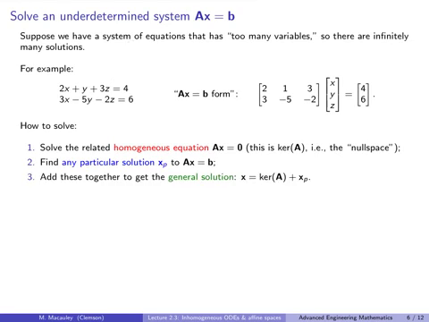Once you have these two things, both the null space or the kernel and any particular solution, then you just add them together and you get the general solution, the set of all possible solutions. X is just the kernel of A plus XP.